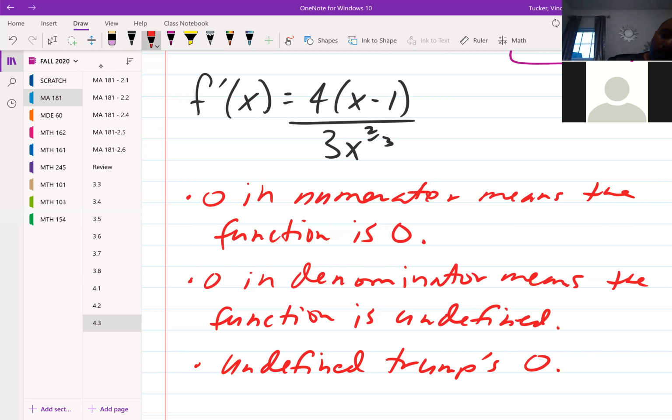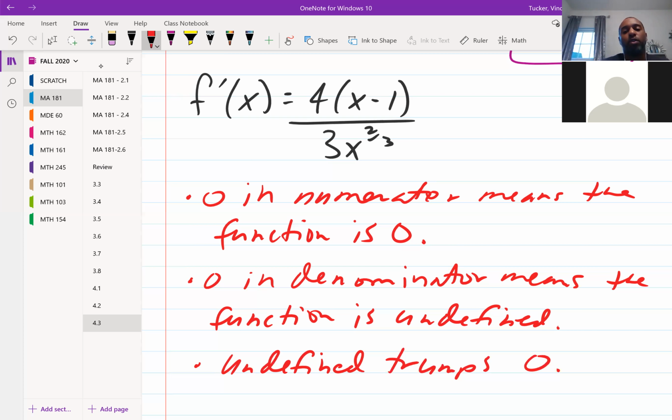So 0 in your numerator means the function is 0. 0 in your denominator means the function is undefined. And also, undefined trumps 0. What I mean by that is if you have 0 in your numerator and denominator, then your function is undefined.